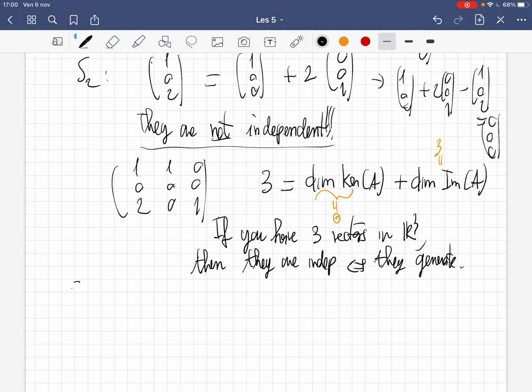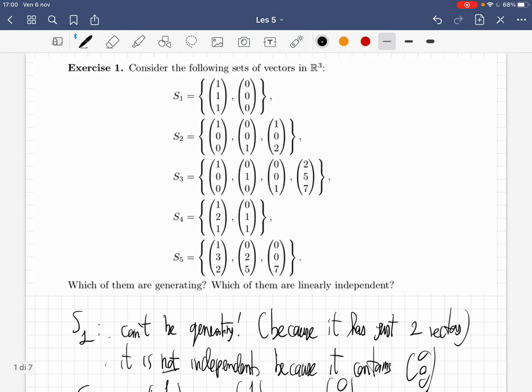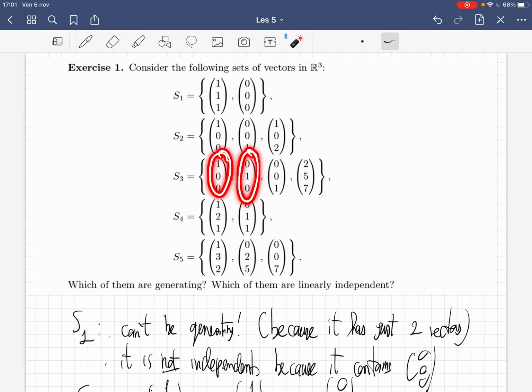Okay, what about the third? Well, here, you see that the first 3 vectors are actually the canonical basis vectors in R3. You should recall this. And another thing to say is that if you have more than 3 vectors in R3, then they can't be independent, for dimension reasons if you want.